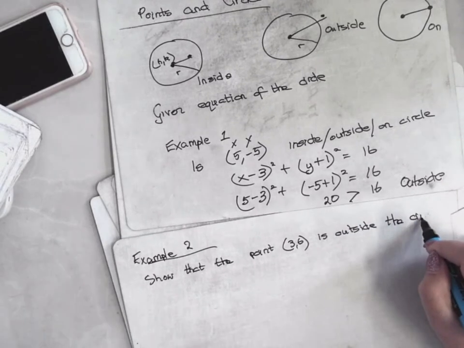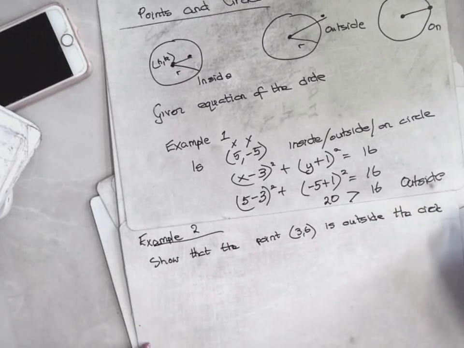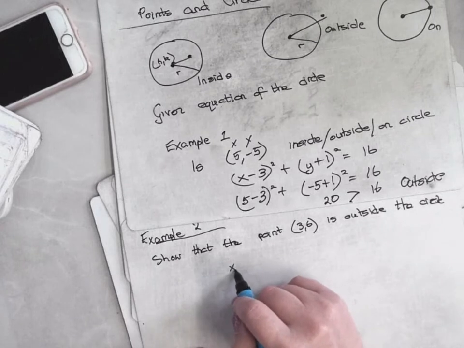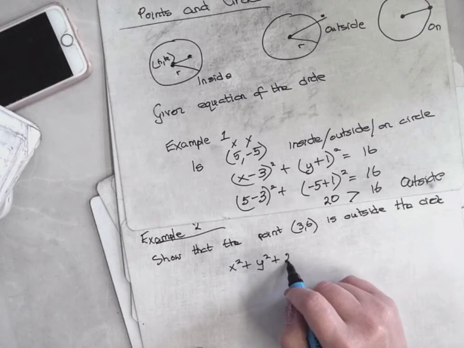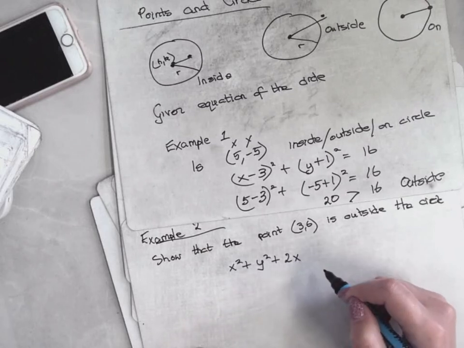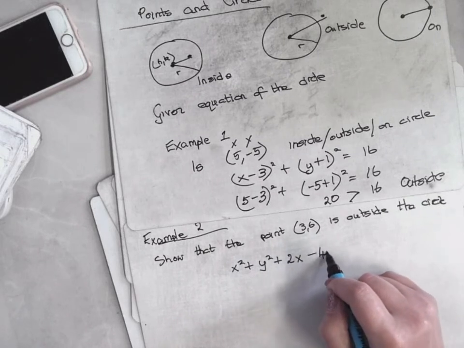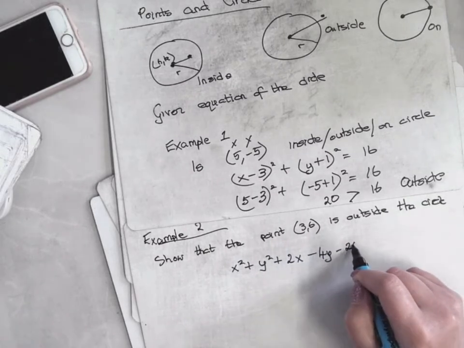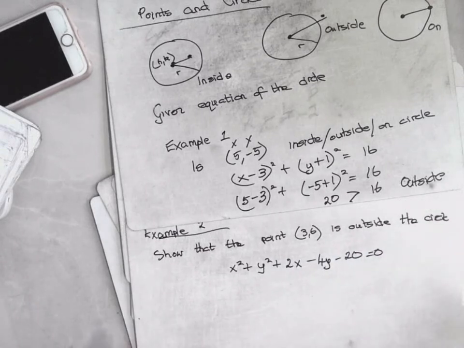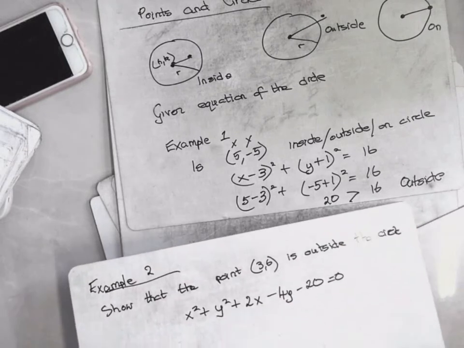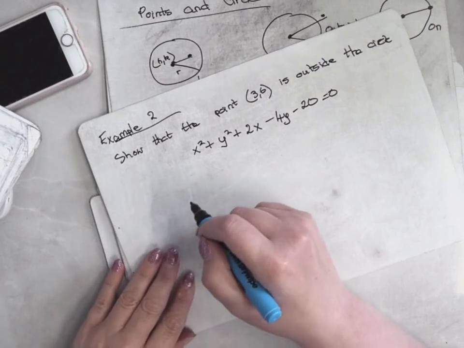Circle x squared plus y squared. Right, the first thing you need is the center and the radius. Are we all on this example? Are we okay? Right, so the first thing we need is the center and the radius.